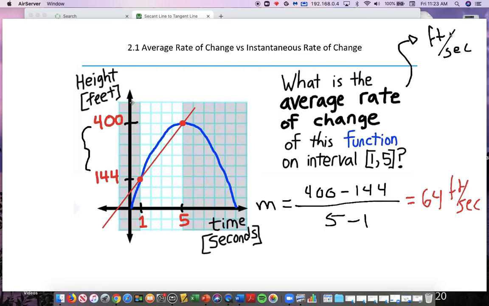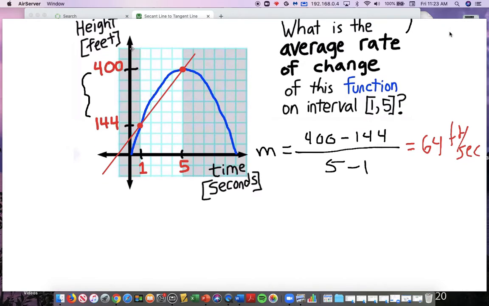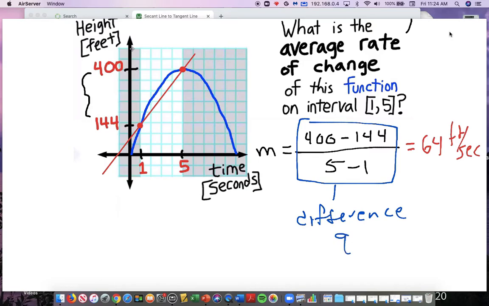However, that would be the average rate that this projectile is going between seconds 1 to 5. The idea behind this, this whole thing in here, is called a difference quotient.